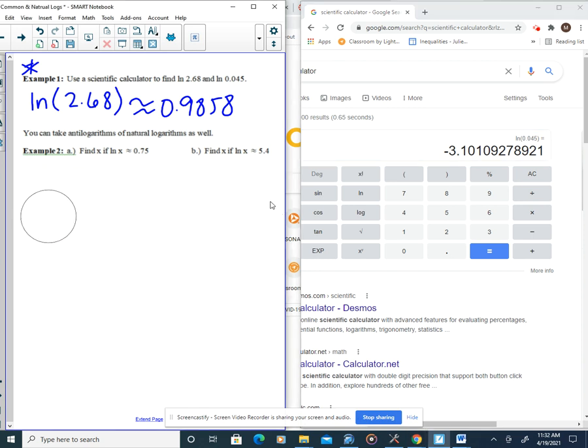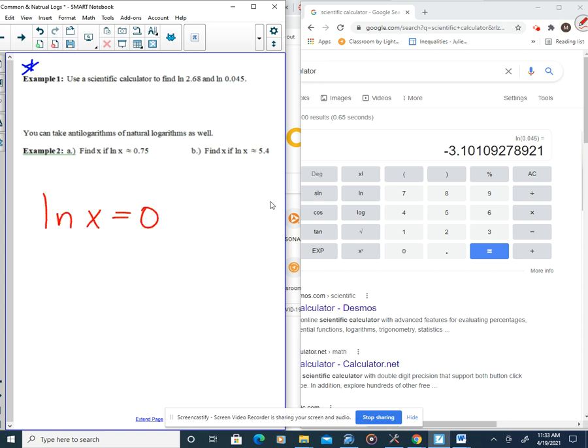And just like the common logarithm had an anti-logarithm, the natural log does as well. So if we have this problem, the natural log of x is equal to 0.75, and I want to solve for x. Well, let's think about this.